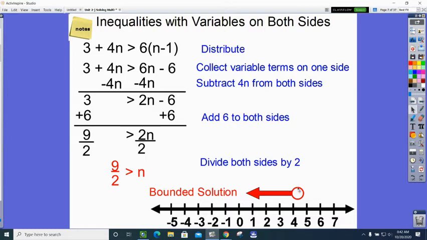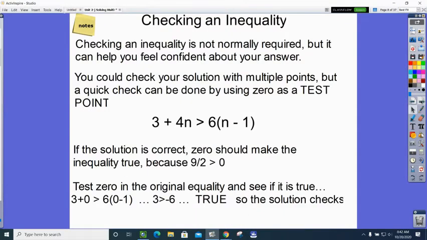Again, this is a bounded solution. And if we wanted to do our interval notation, we would have a parenthesis, negative infinity, comma, 9/2 or 4.5, parenthesis. I'm going to write some more on the next couple of slides just to remind you.